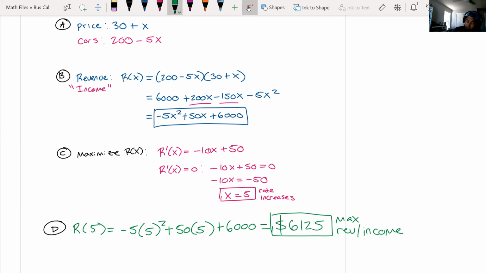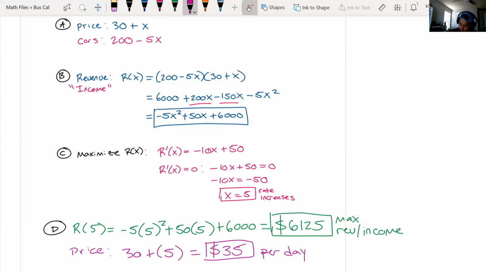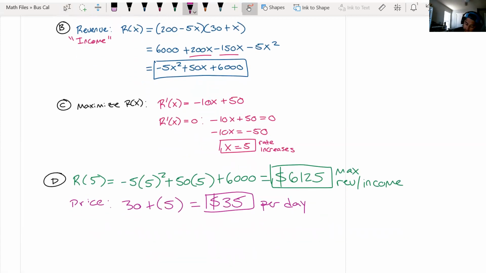Okay, and now just plug it into price and cars. $30 plus 5. We're going to charge $35 per day. And if we raise our rate by $5, then we are going to lose out on people renting our cars. Cars was 200 minus 5x.